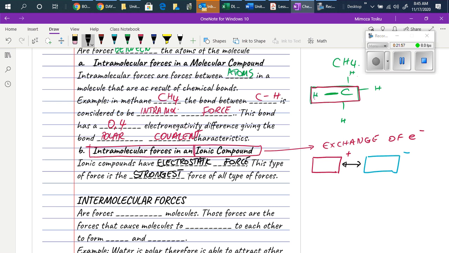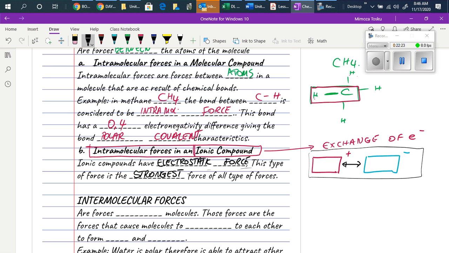Okay, so what is happening here in terms of the electrostatic force? We say that the general law of the electrostatic force is that opposite charges will attract and same charges will repel. In this case, since we have two opposite charges, they will attract each other.